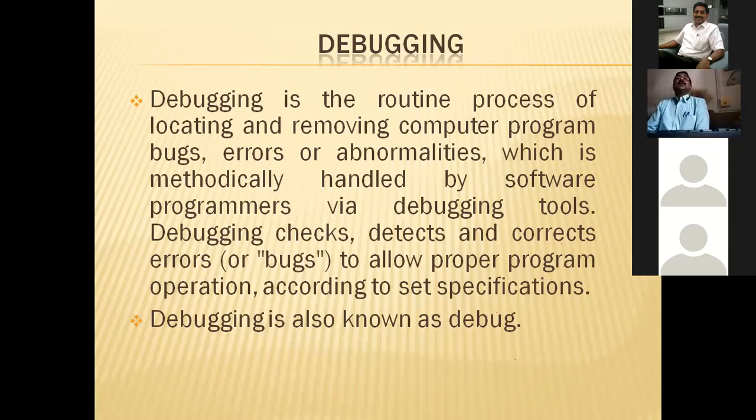Debugging checks, detects, and corrects errors or bugs to allow proper program operation according to a set of specifications. So what is a bug? A bug is some sort of error. We have to detect that error, check that error, and correct that error.